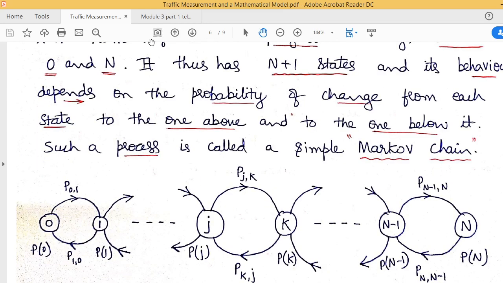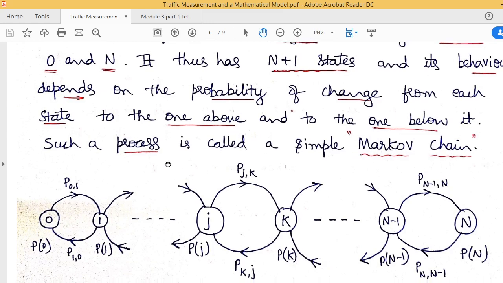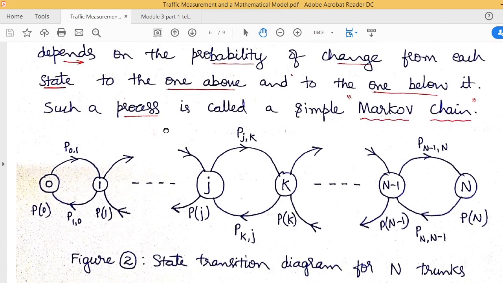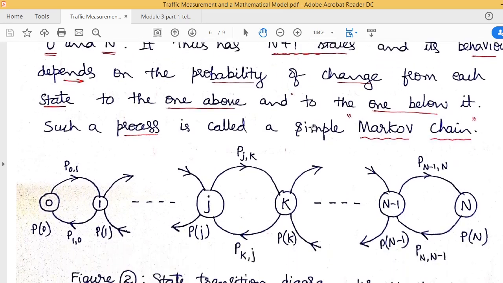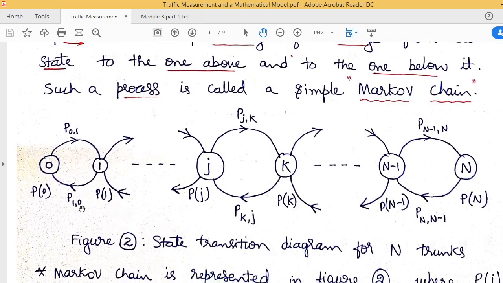So a total of n plus 1 states are there, and the state transition probabilities may increase by 1 or decrease by 1, as explained by the Markov chain. So this is the state transition diagram for n different trunks. Here a total of n trunks are there and a total of n plus 1 different states are involved.